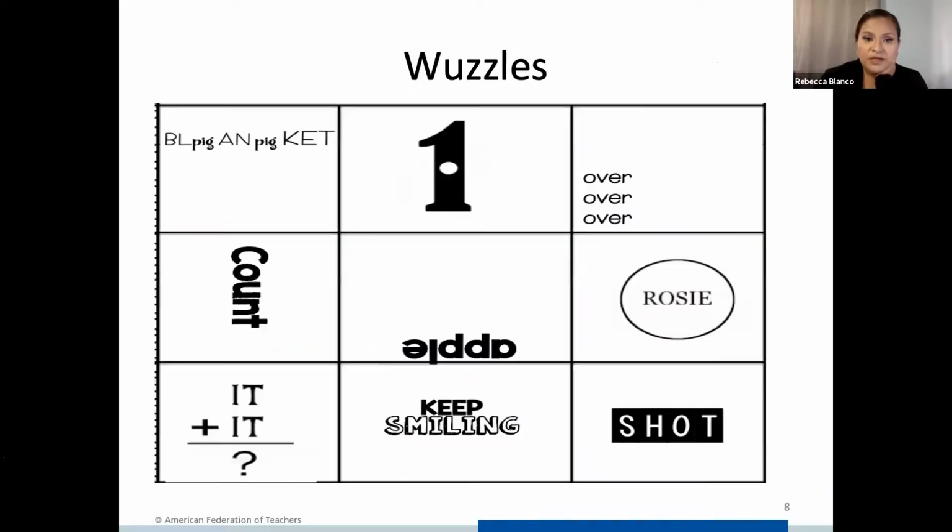So we're going to go ahead and take a real quick brain break. Okay. So this is a Wuzzle, and if you need to step away real quick to go grab a drink or take care of your needs, you can do that right now. There are some Wuzzles, and you're going to try and figure out what they are. Okay.